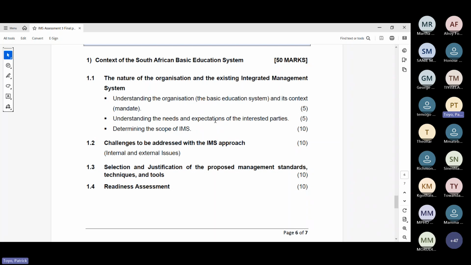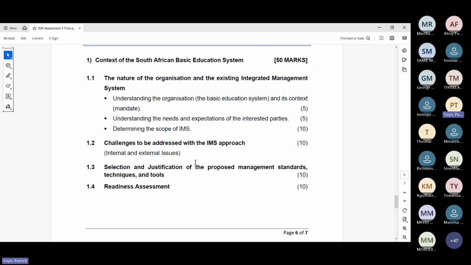So you need to be open and not restrict your focus on the IMS module. I'm also going to suggest to Doc that maybe we have these weekly catch-up sessions to see where you are, and also where you can ask questions. So he was talking about the challenges both internally and externally.